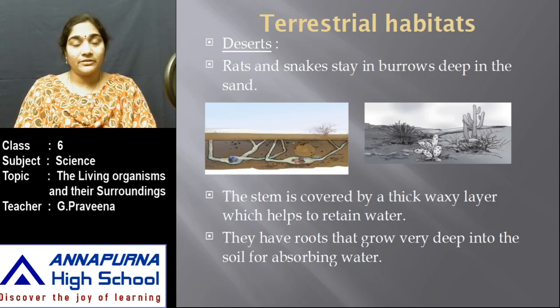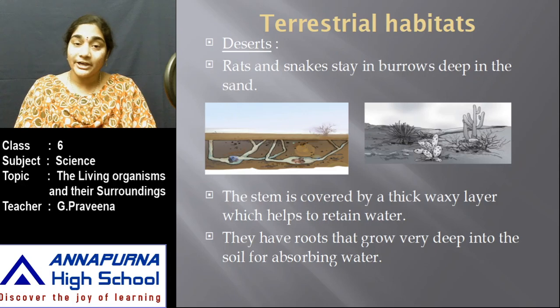When you observe keenly the structure of a desert plant, you will see that the leaves are modified into spines. Even the leaves may be absent or they are modified into spines. You already studied in the last lesson that water gets evaporated from the leaf through the process of transpiration.